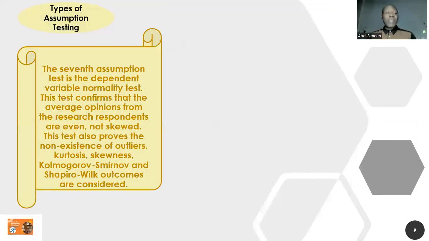The seventh assumption test is what we can call the normality test. The dependent variable must be tested to know whether it is normally distributed. Any dependent variable that is not normally distributed will give you a spurious answer. It will give you a biased answer. And inside this test, a number of things will be seen.